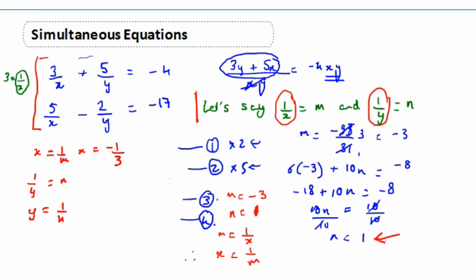So therefore, since y is equal to 1 upon n, y is equal to 1. So the solution that we have is the ordered pair: for x the value is negative 1 upon 3, and for y the value is 1. So that's our solution. You can substitute these values back into x and y and see whether the equation is solved or not. Let's jump on to the second problem.